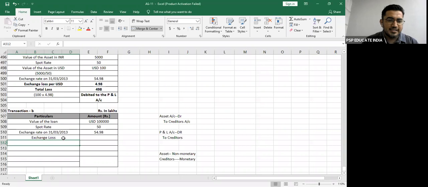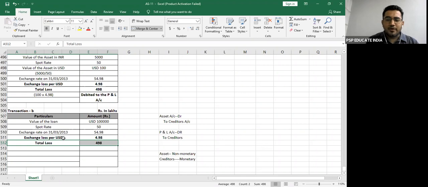Of course, it is exchange loss. How much loss per dollar? 4.98. Total loss is 498. Now this time it is for a loan.